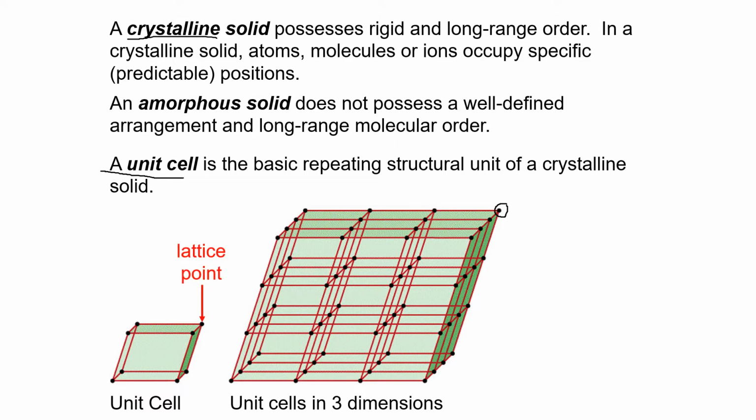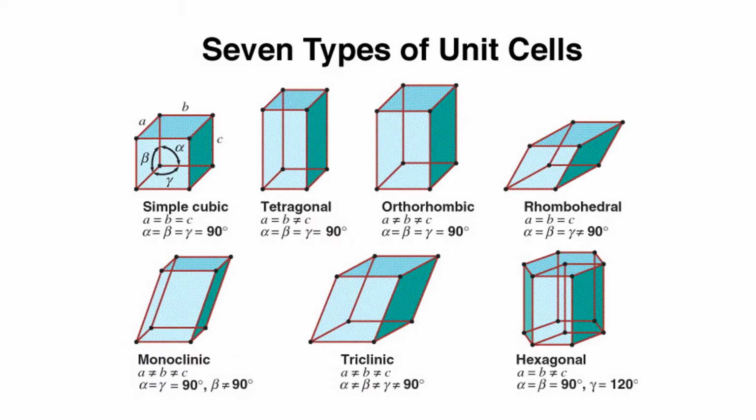And again, this lattice point could be occupied by either an atom, a molecule, or an ion, depending upon what we are looking at, whether it's just a solid element, a molecular solid, or an ionic solid. So once again, one of those three will occupy the lattice point.